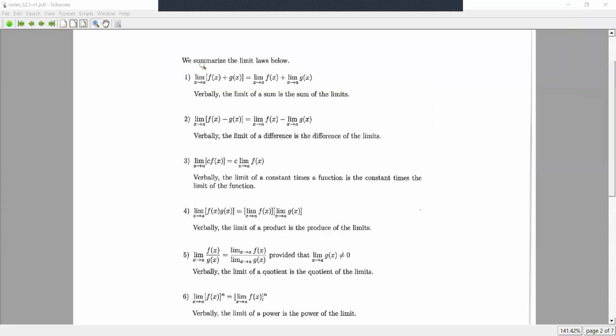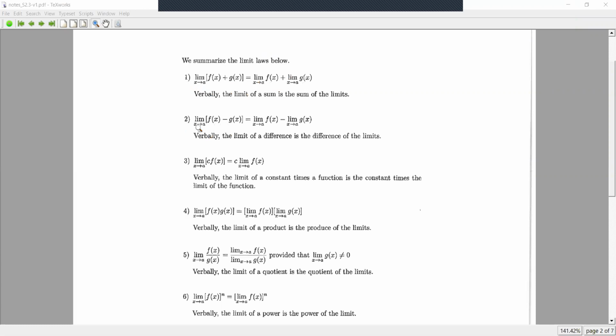Here I summarize all the limit laws below. Law number one is the summation law. It says that limit of a sum is sum of limits. Law number two is the difference law.